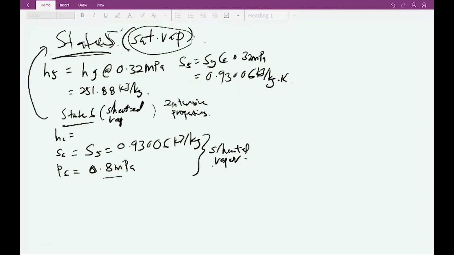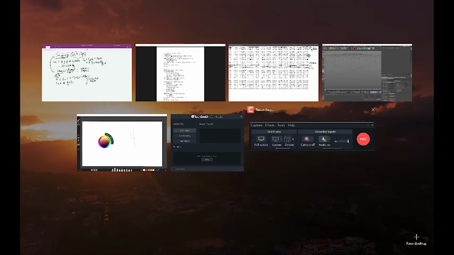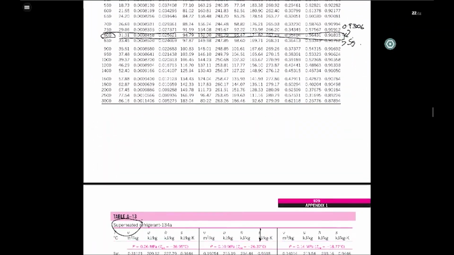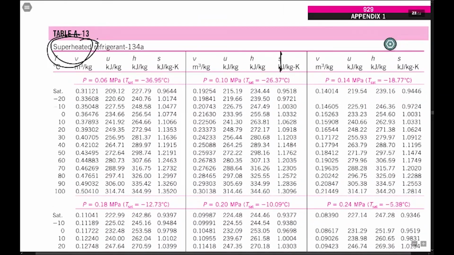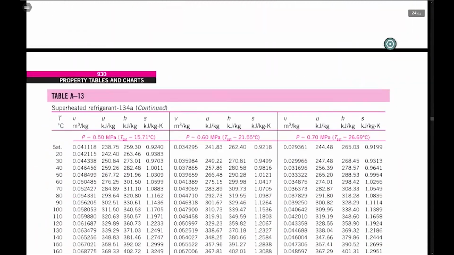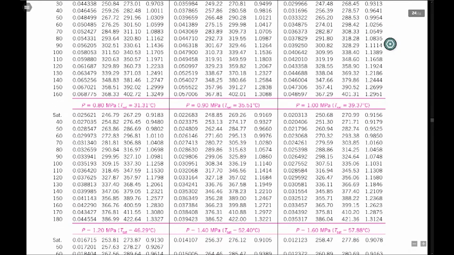To find the enthalpy at state 6, we should refer to the superheated table. So this is the saturated table, and we search for the superheated table, and then search for your corresponding pressure, which is 0.8 megapascal.